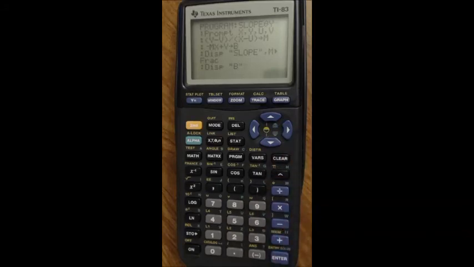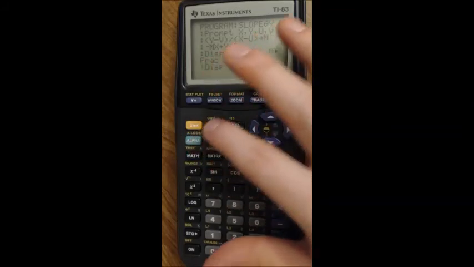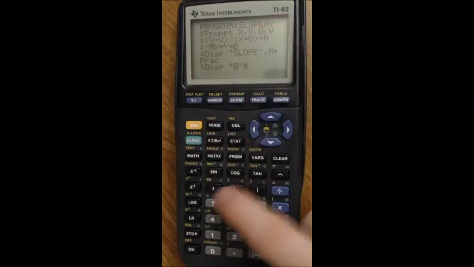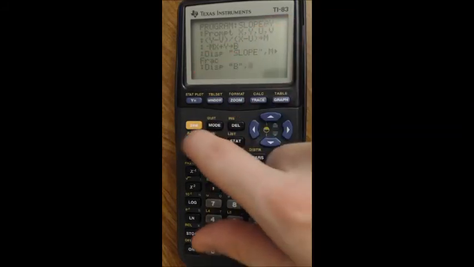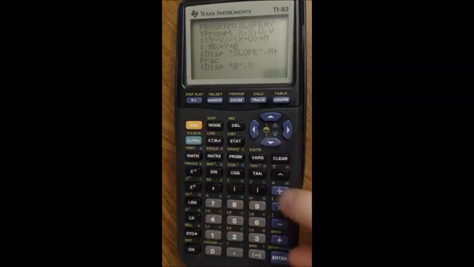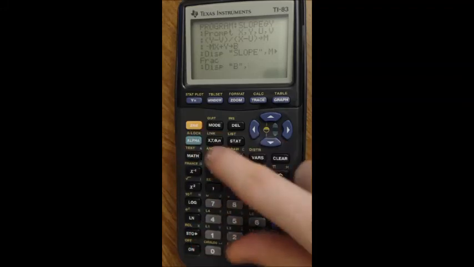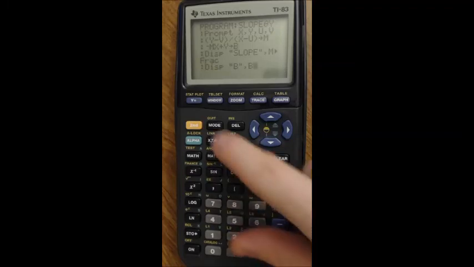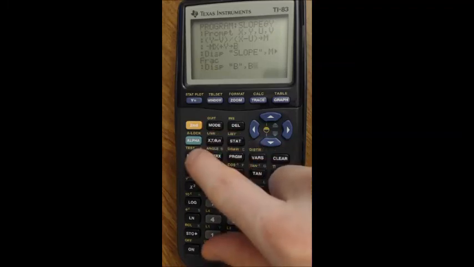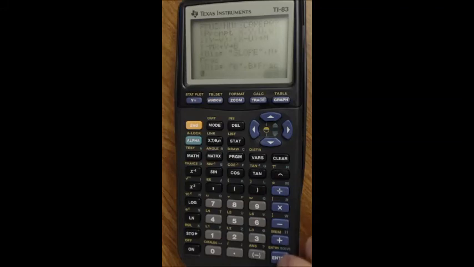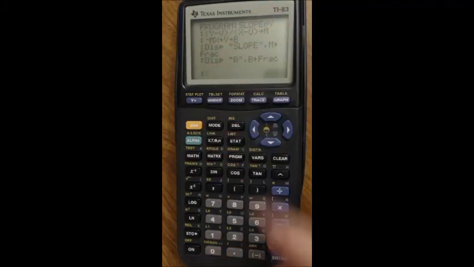You should know that b is the y-intercept. Then let's take the alpha off, comma, and then we're going to display the b, so alpha b. Then we want that in fraction form, so math, fraction, enter. Alright, let's see if it works.